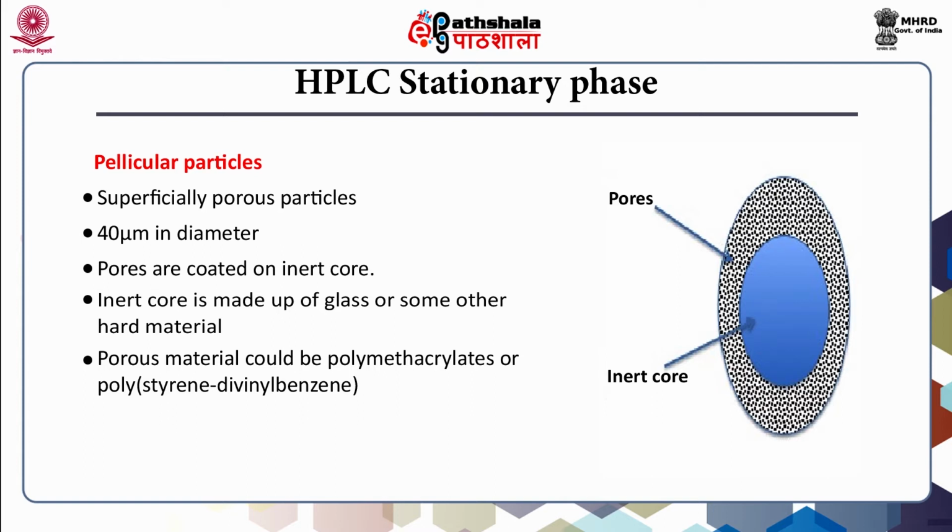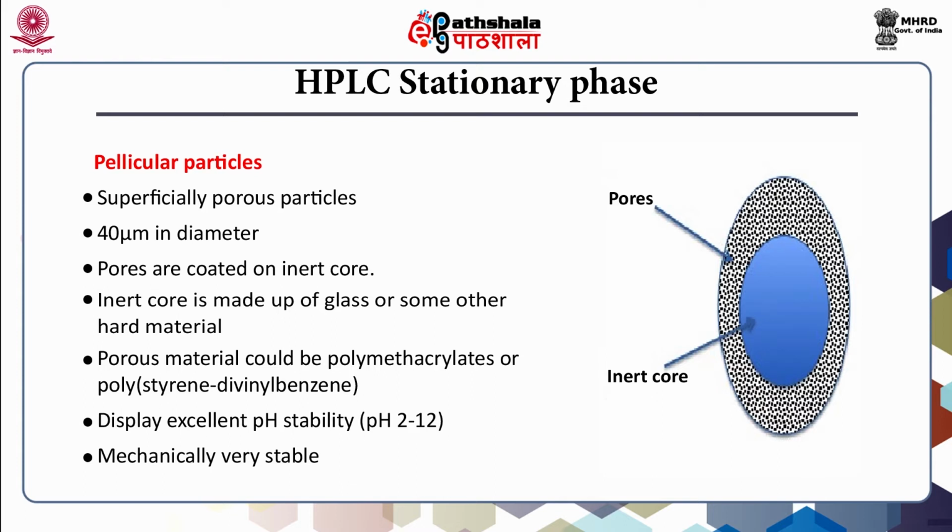So, these are the materials by which the porous material is made, on the rigid hard inert material. These particles display excellent pH stability with high mechanical stability. That is why these kinds of stationary phases containing pellicular particles can be used over a wide range of pH experimentation. As we have the inert core inside, the mechanical stability for this kind of particles is also very high.